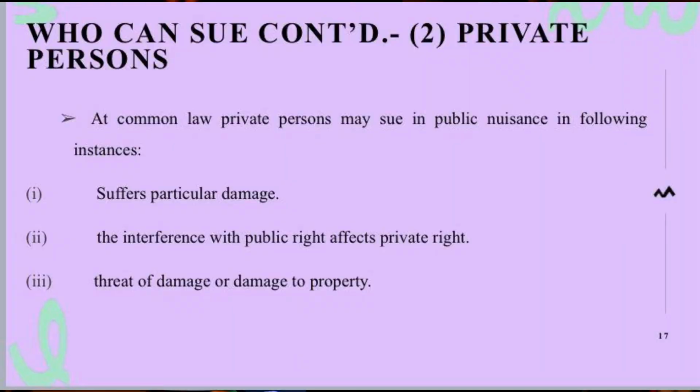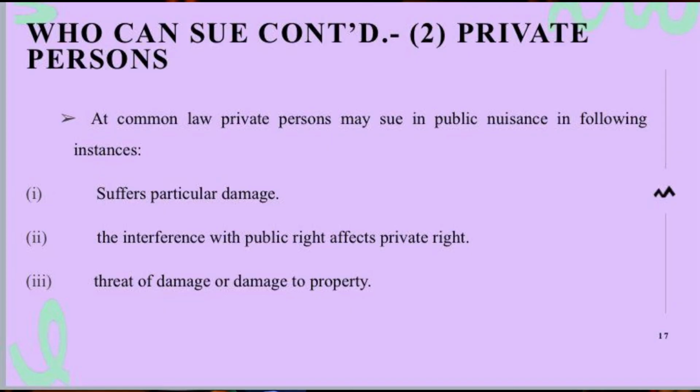Now, when you talk about those who can sue, then you have private persons. The position at common law is that a private person may sue in public nuisance in some situations. While we have underscored the fact that the Attorney General has the primary right to sue, in some cases it is allowed for private persons to bring an action in public nuisance.